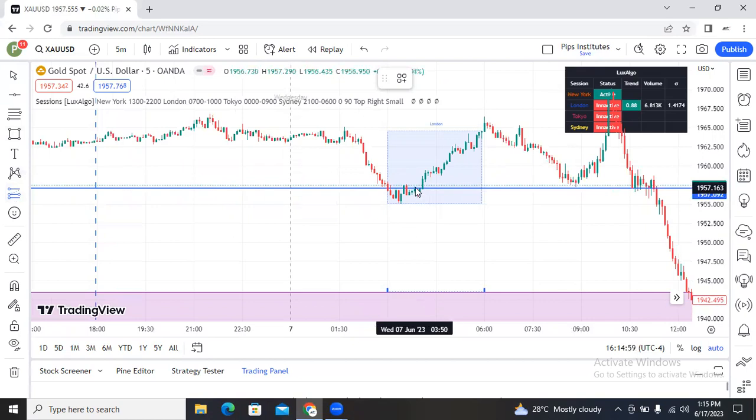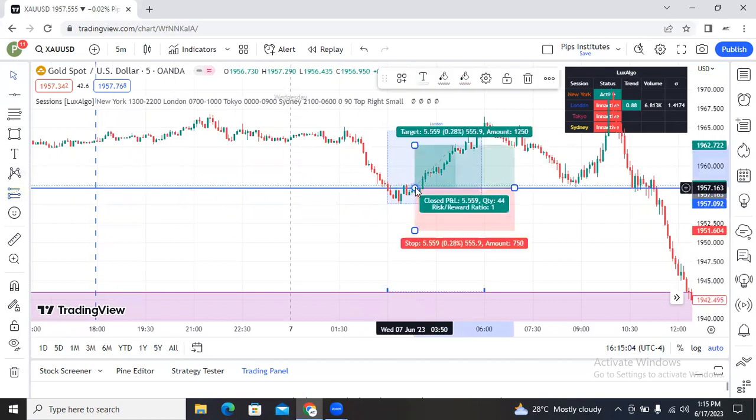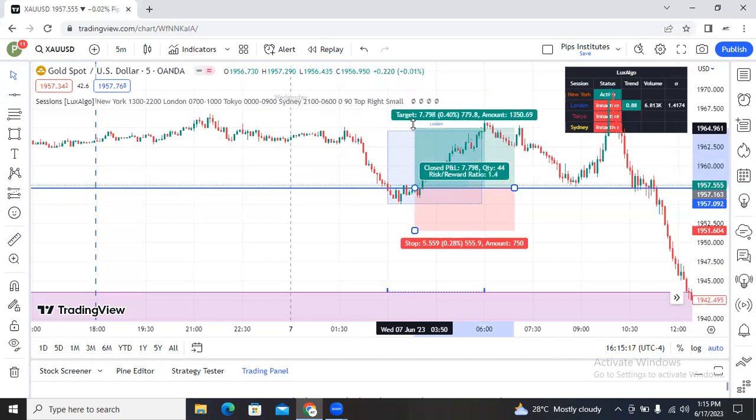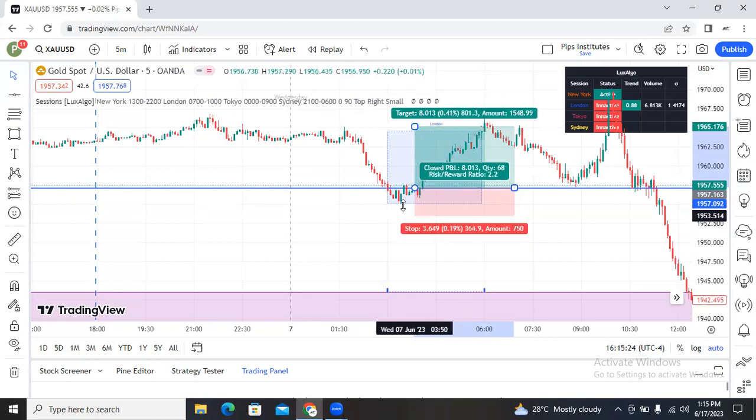And your take profit will be the next liquidity zone, which is this area, this region, and the stop loss will be below the low of the day.